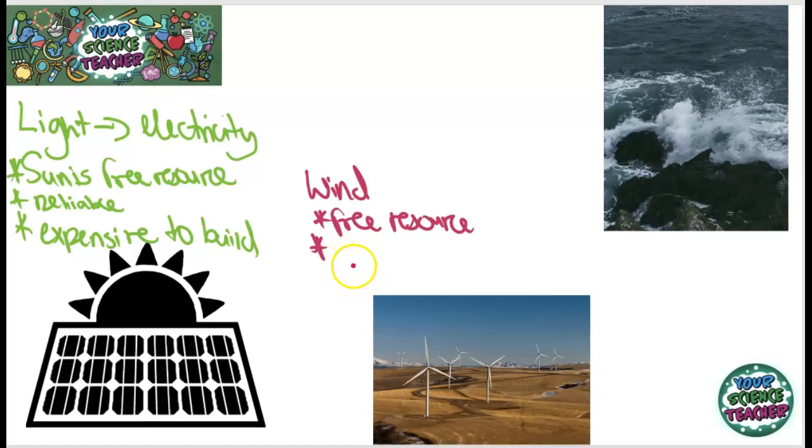So sometimes you can produce lots of electricity, sometimes you don't produce that much electricity. So it can be unreliable at times, and that's why it's not used as a base load all around the world. In some really windy areas by the coast, you see lots of wind turbines because it's more likely that it's going to be windy there.